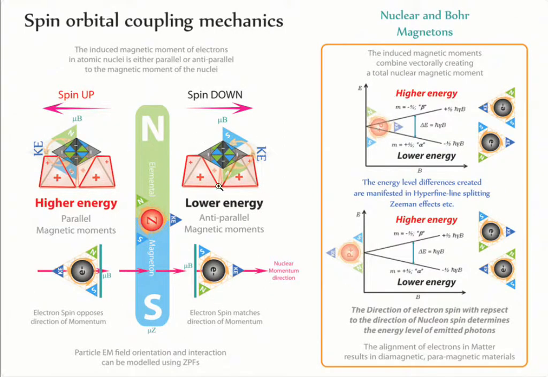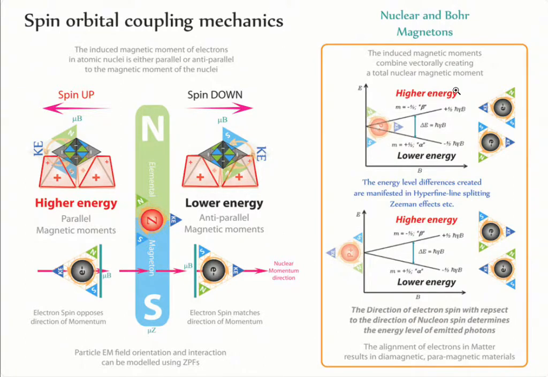This again highlights the spin orbital coupling of electrons within various elements as they produce spectral lines. Dependent on whether it's a spin up or spin down, or a parallel or anti-parallel arrangement of the magnetic moments for both the element and the electrons, we get differing energy levels produced in the spectral lines.